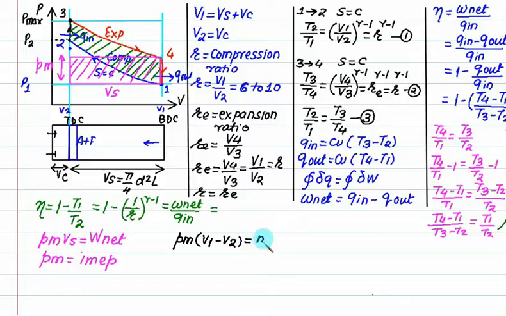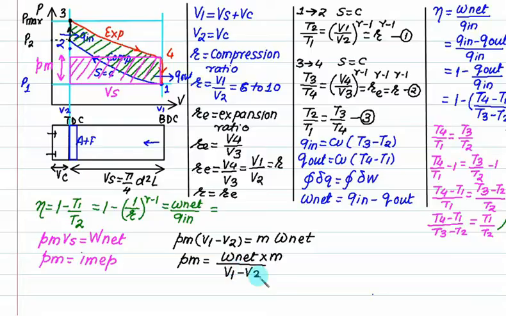W net is given by mass multiplied by the specific work, w net. So we can find Pm as m times w net divided by (V1 minus V2).